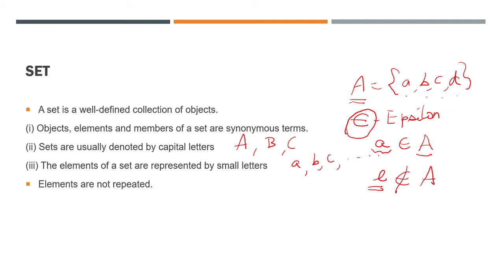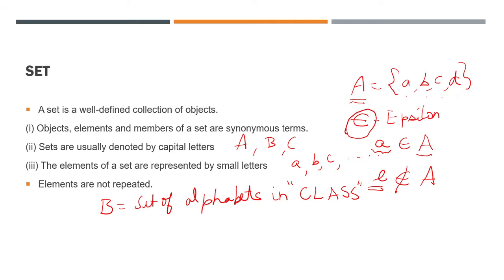Another property of a set is that the elements in a set are not repeated. Now let us take the case of a set B equal to the set of alphabets in the word class.